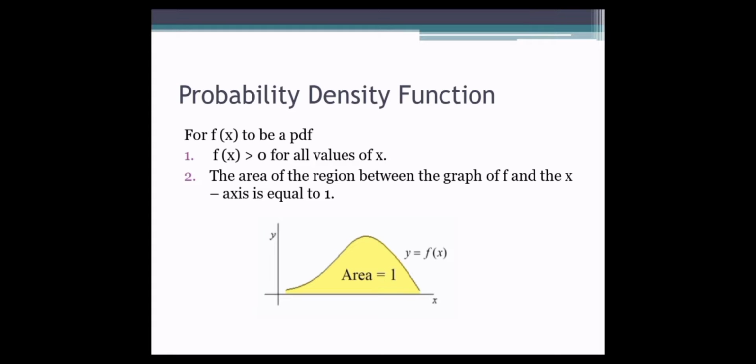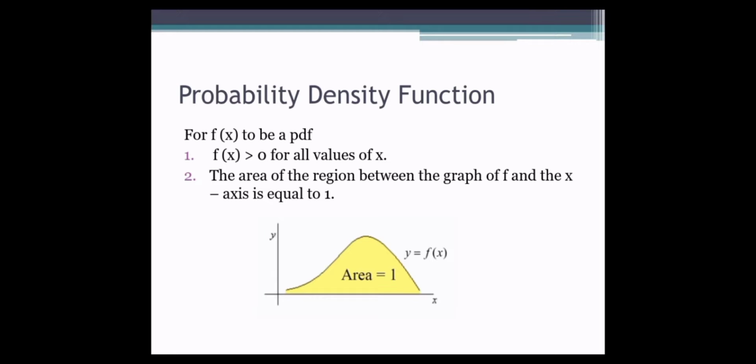Then second, the area of the region between the graph of f and the x-axis is equal to 1. We can see this in the graph, on the y-axis and the x-axis. The area under the curve above the x-axis is equal to 1.